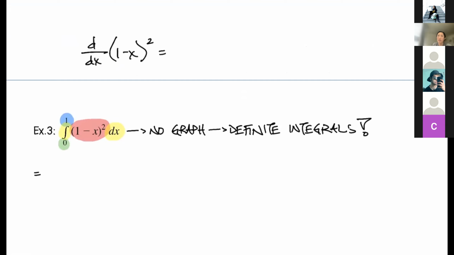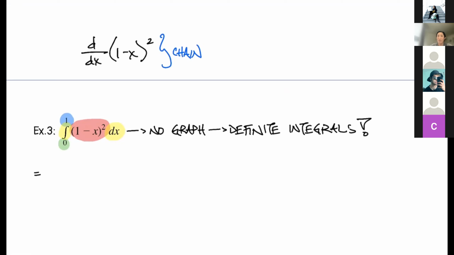If I were taking that derivative, I would 100% want to use chain rule. Now, we don't know chain rule for integrals yet, but that is the big rule we will learn next week or the week after. So we don't know it yet.